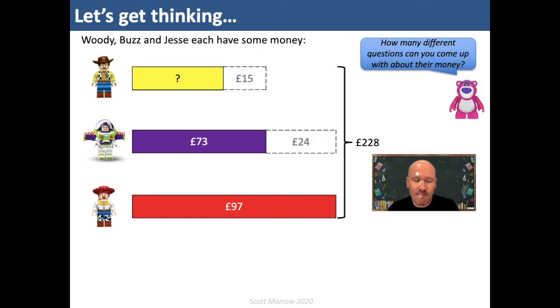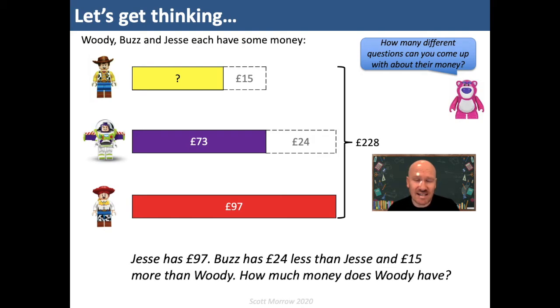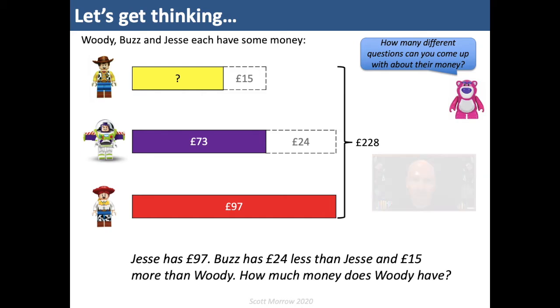So my question might be, Jessie has £97, Buzz has £24 less than Jessie and £15 more than Woody. How much money does Woody have? In that question, I'm asking how much Woody has and I'm giving enough information in order that it can be solved. So I'd like you to pause the video for a few minutes and work with a partner to see what questions you can come up with based on that information.